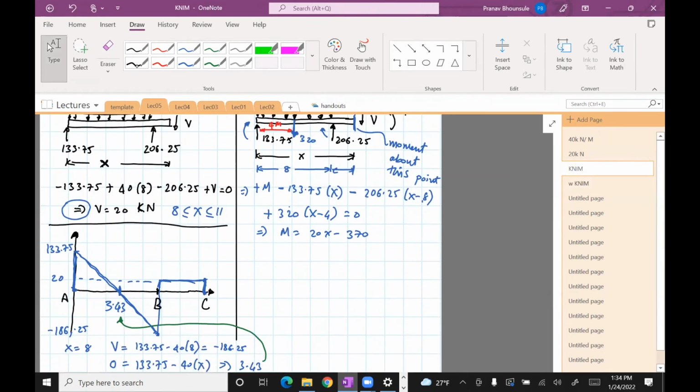Okay, so we have this. Let's just draw a bending moment diagram.